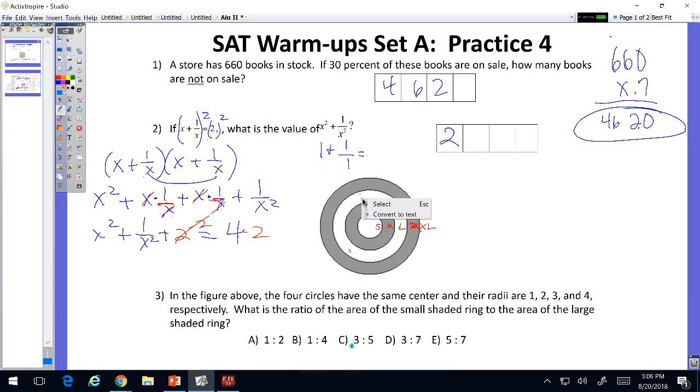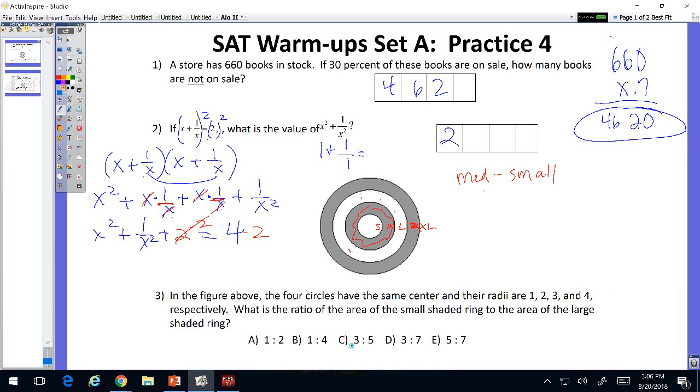So we're going to do the same thing for the inside one. If I take the medium circle and subtract the small circle, it leaves me with this inside shaded part. Well, the area of the circle is pi r squared. But if you have a brain freeze, which we all do at times, on the SAT, that pi r squared can be found in your formula box.